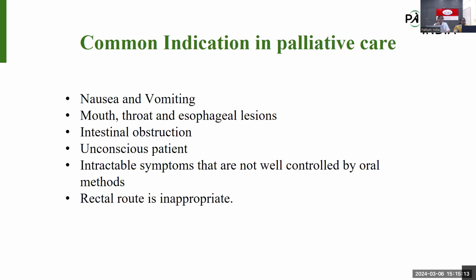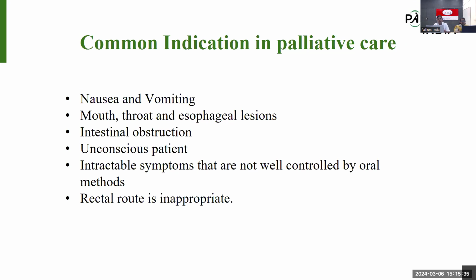So in some patients, there is a chance of spurious diarrhea, and at that time the rectal route is also inappropriate. And we know this patient is receiving chemotherapy for a long period and there is no patent IV line. Then we can choose subcutaneous infusion or injections for this patient. That is, the rectal route is inappropriate.